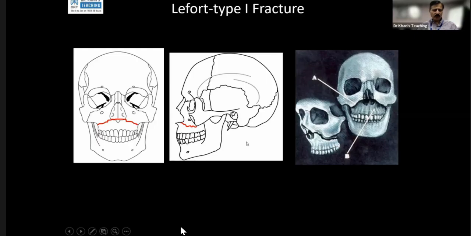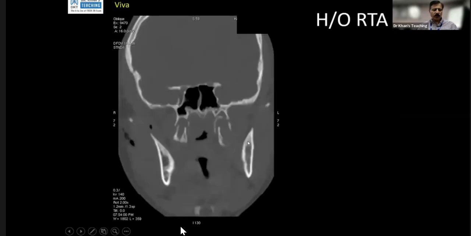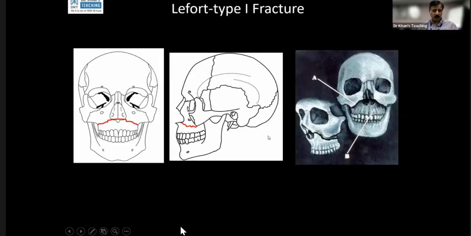One key point to remember is that in all Le Fort injuries, the pterygoid plates will be definitely involved. It can be unilateral or bilateral. So please remember that, number one. In Le Fort 1, look at this picture. It tells you everything. The line of fracture goes through the maxilla and then transmits posteriorly through the pterygoids.